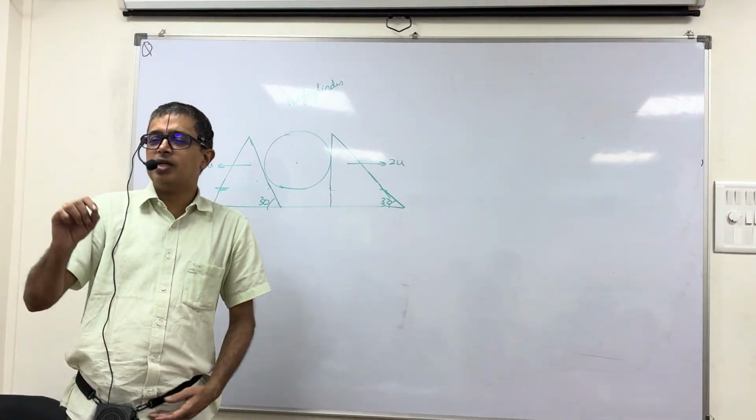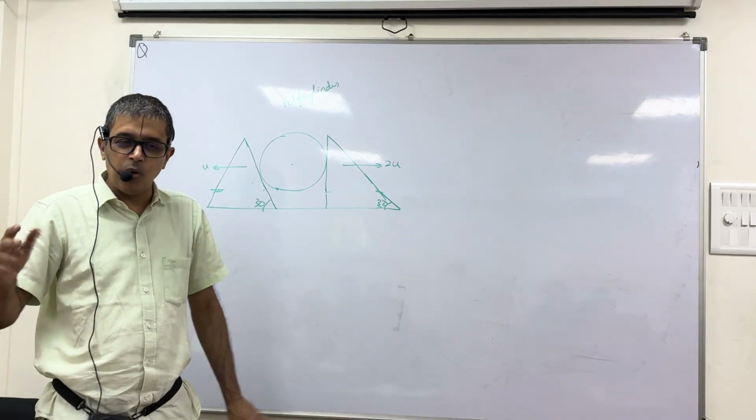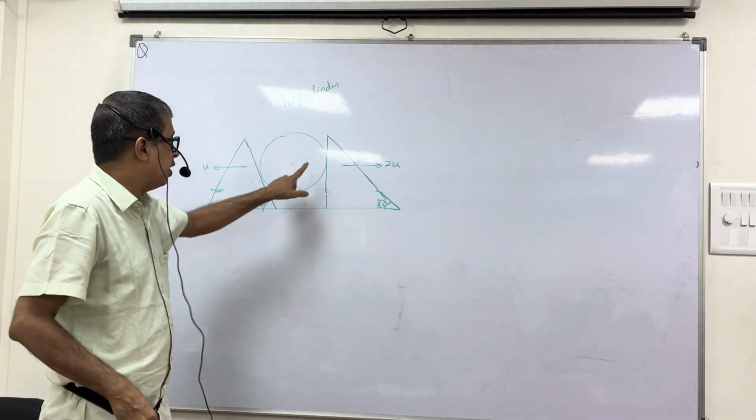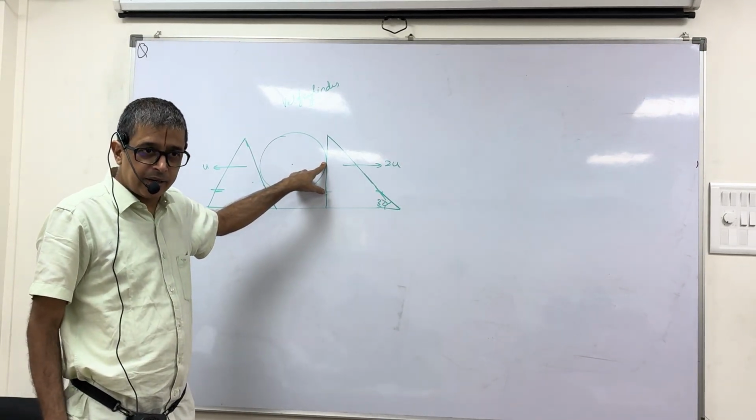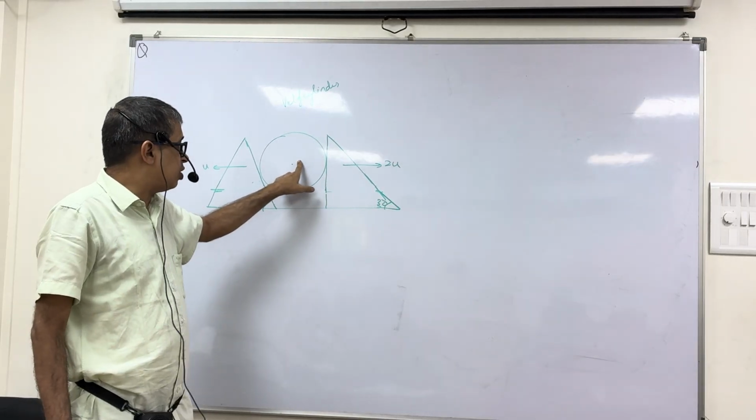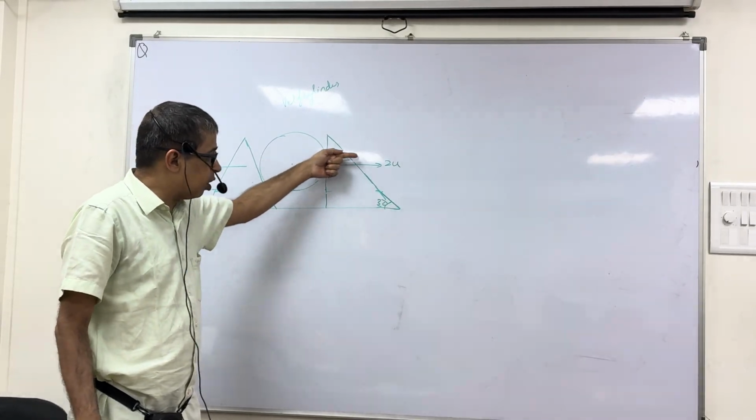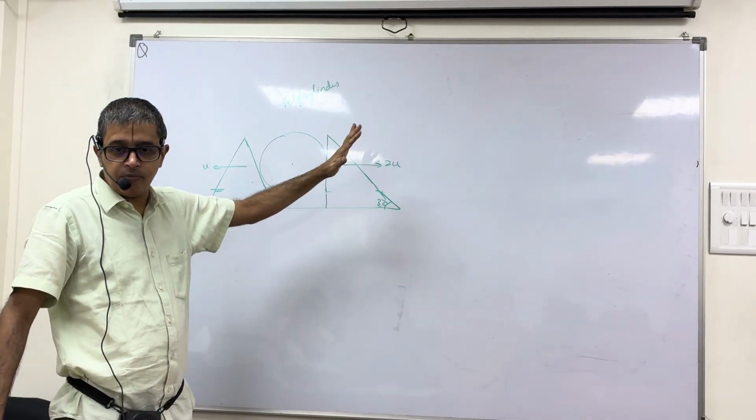Look at the wedge constraints statement, you people forgot. At the point of contact, velocity of both the bodies along the common normal will be the same.